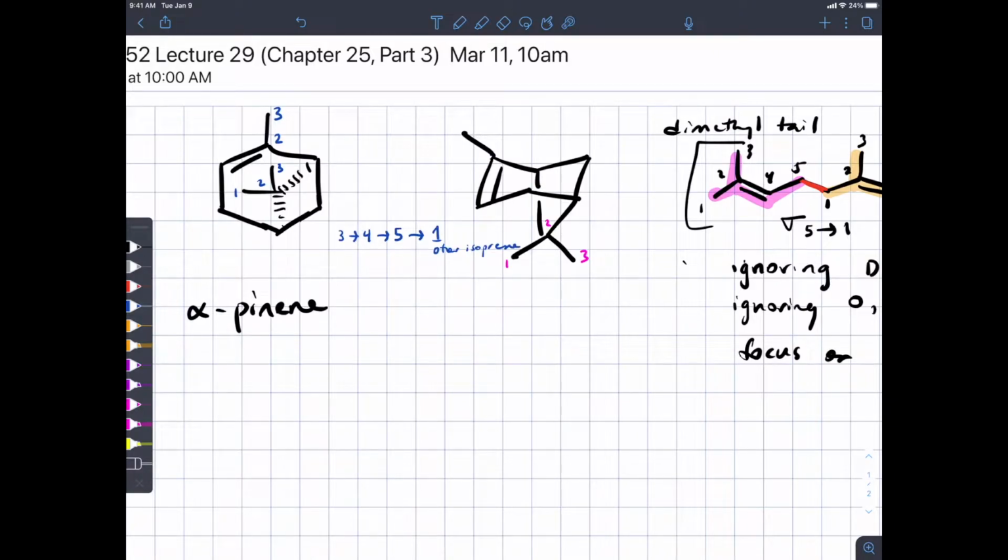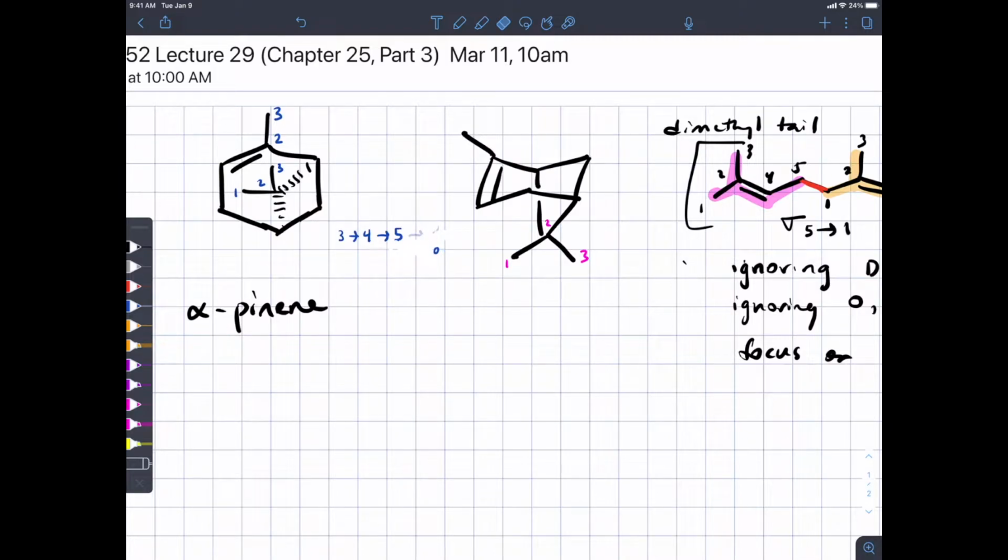So as an example, what would be wrong about calling this carbon carbon 4? The carbon 2 there would be carbon 5, and that's not right because carbon 5 doesn't have a branching group. Good, exactly. So we can't call this carbon 4 because then the adjacent carbon, which we would have to call 5, is actually carbon 2. So that direction doesn't work.